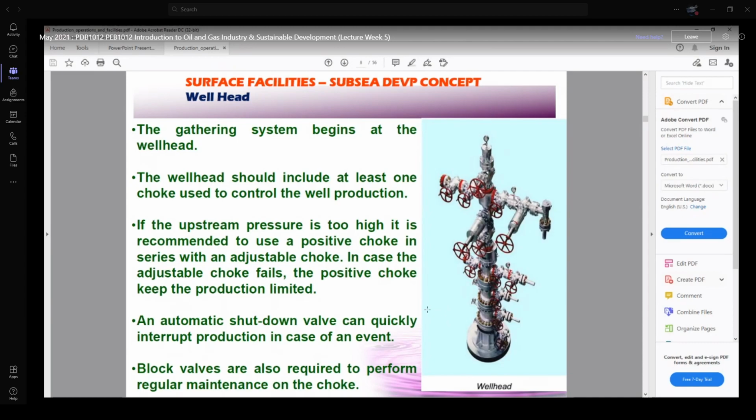An automatic shutdown valve can quickly interrupt the production in case of any event, for example any blowout or high pressure situation at the well site. So this automatic shutdown valve can be used to quickly interrupt and control or even completely stop the production from that well.